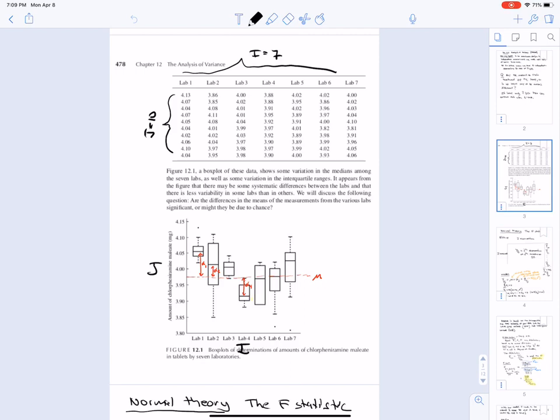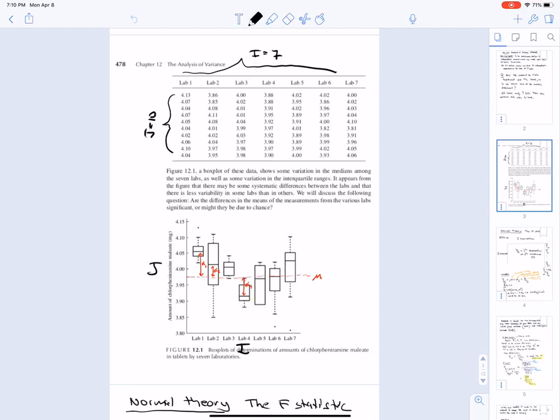Then alpha i would be the differential effect of the treatment mean for group i. So the null hypothesis is going to be that all of these differential effects, alpha i, are 0.